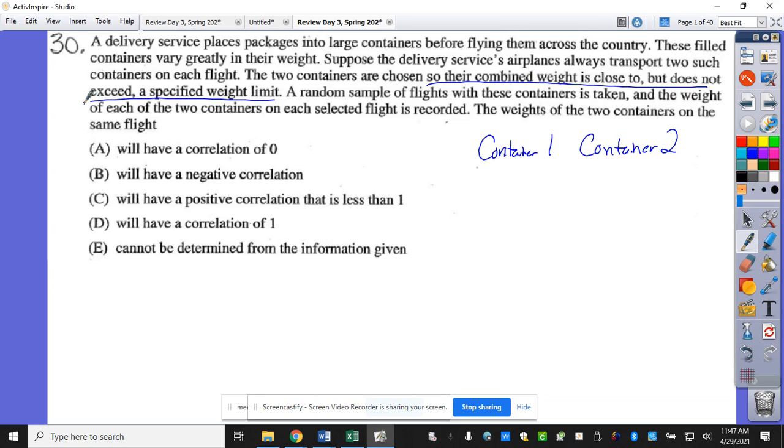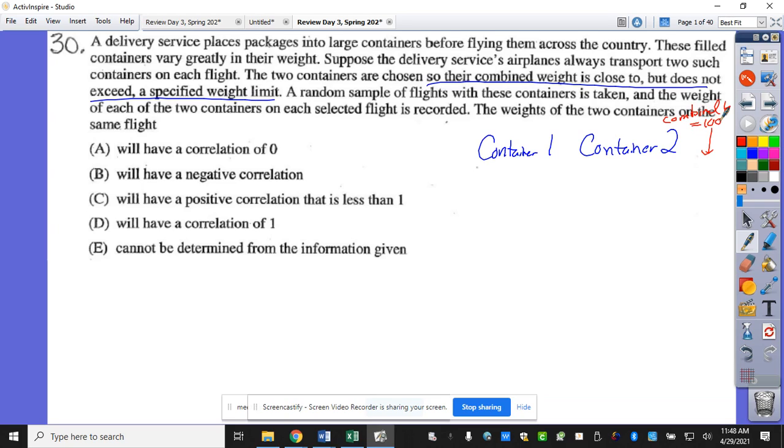Alright, so let's come up with something easy and say we want the weight limit to be like 100. So if container 1 is... I want to write combined weight of 100, but I don't really have much room. So if you're doing notes, combined to equal 100.